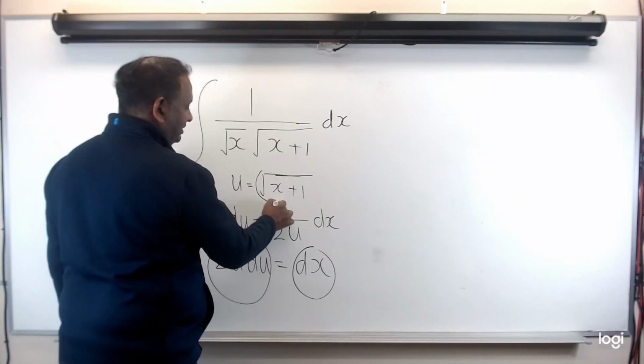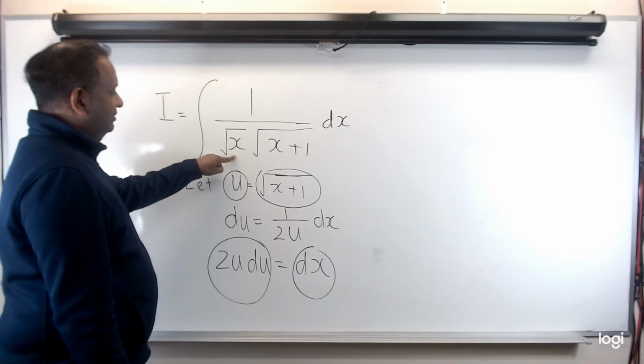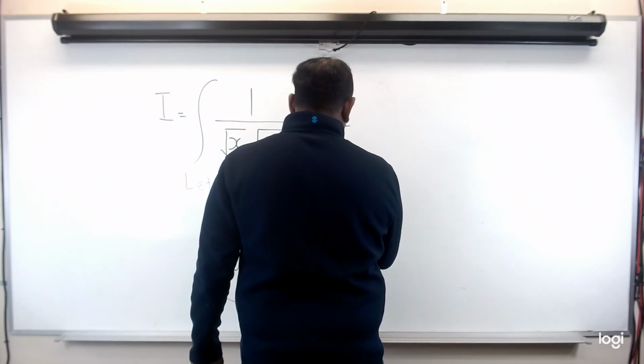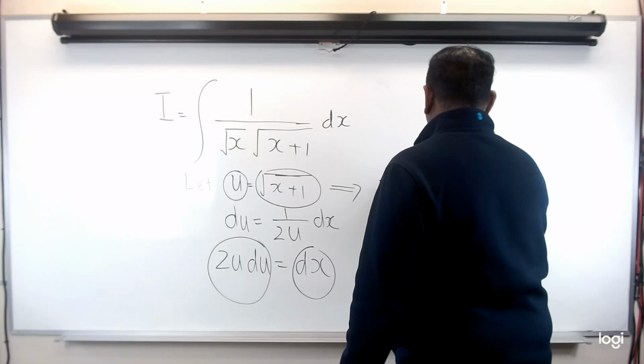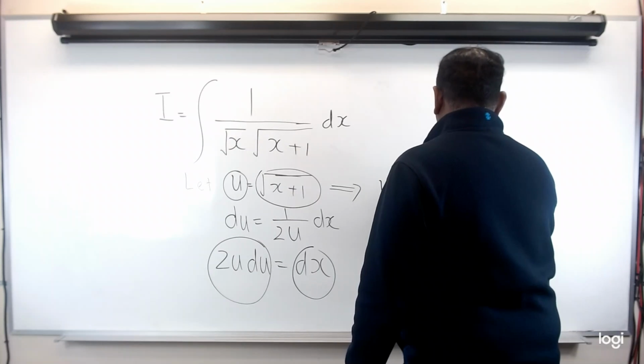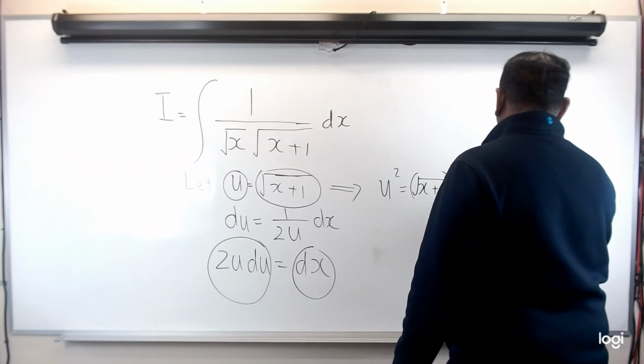This guy can be easily replaced by u. How about this guy? How do you get this one? From this one, I'm going to square both sides. Then the square root of x plus 1, squared, gives x plus 1.